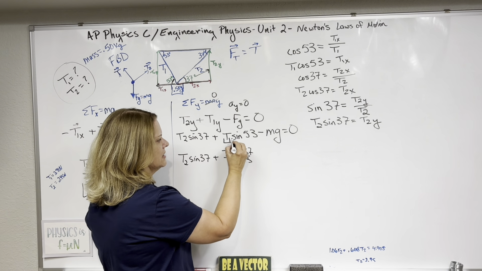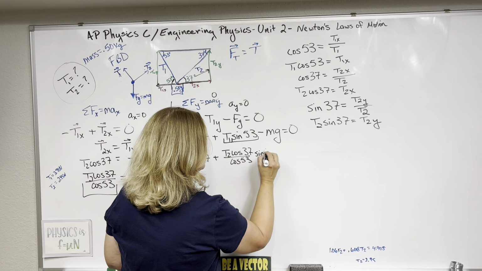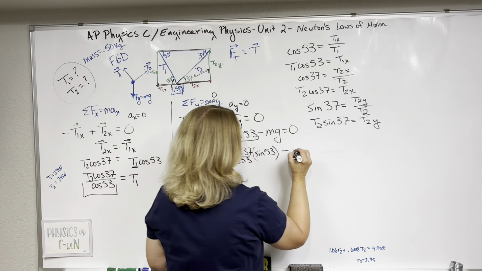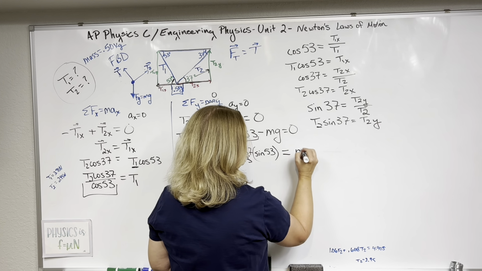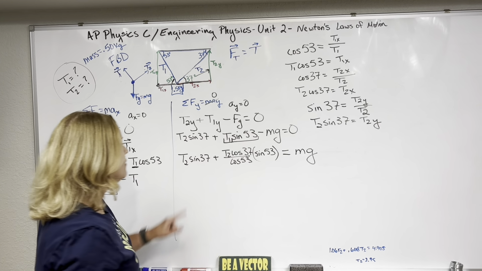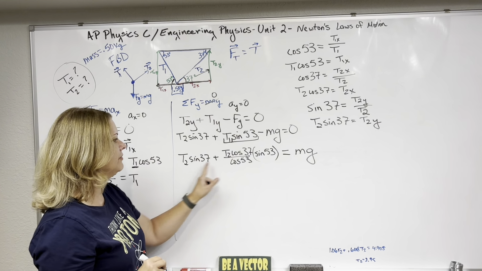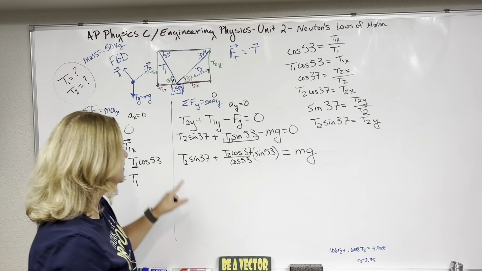However, they forget there's still a sine 53 here. So there's still another sine 53 here, minus mg. And I'm actually going to go ahead and add that over mg at this point. Look, I only have tension 2, the hypotenuse. That's all I have left in this. I know mass is 0.5 and g is 9.81, and I can solve this thing.